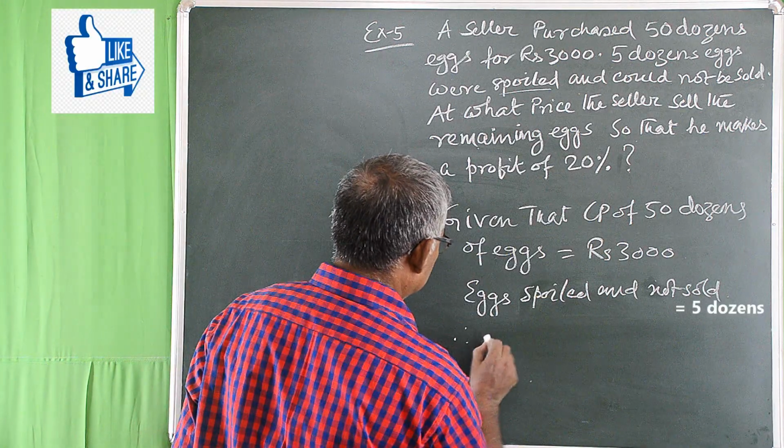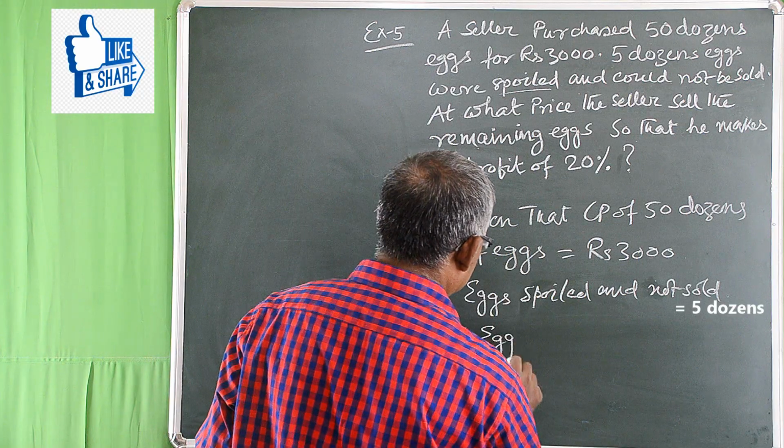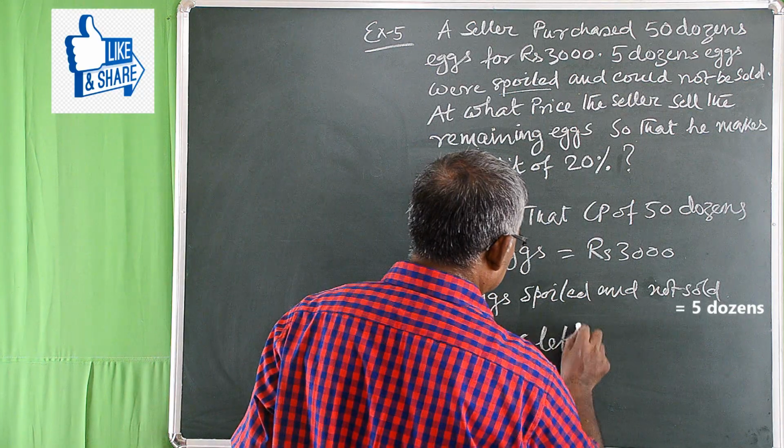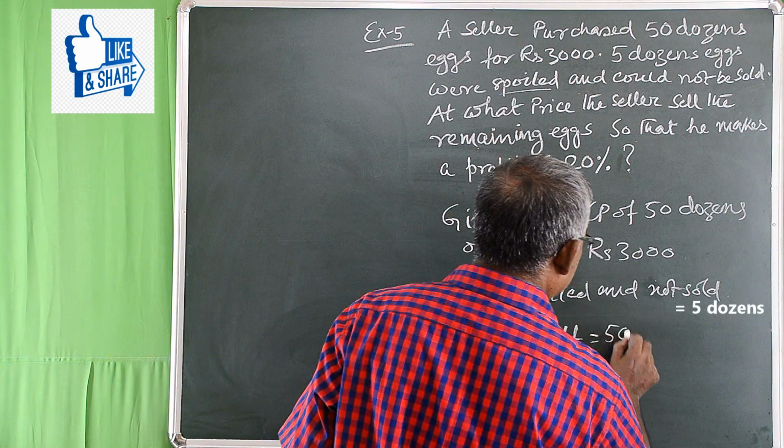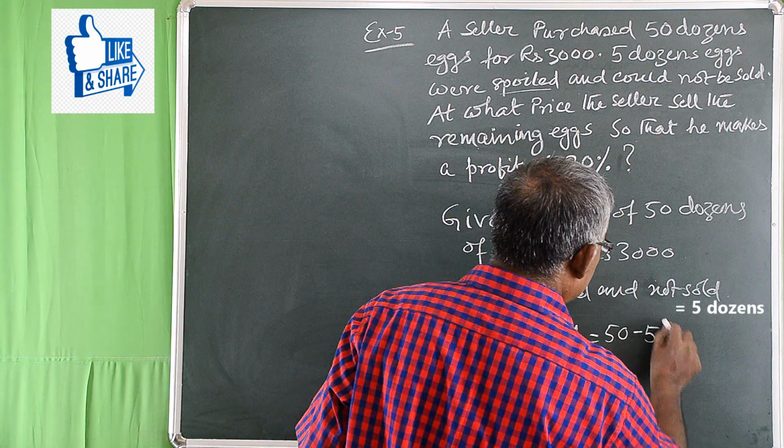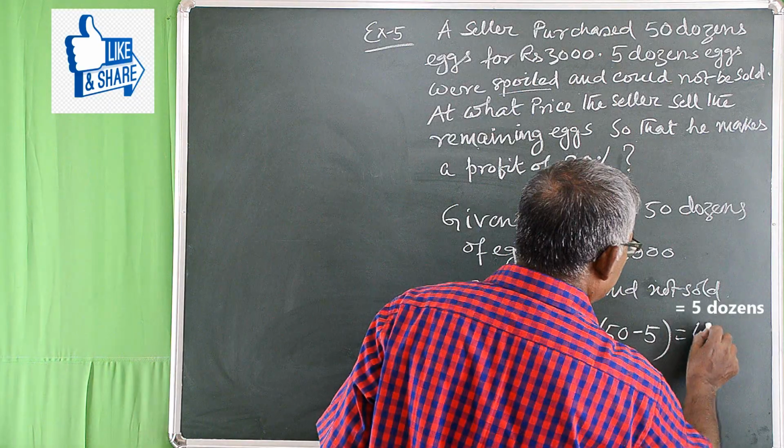Therefore, eggs left equal to 50 dozen minus 5 dozen equal to 45 dozen.